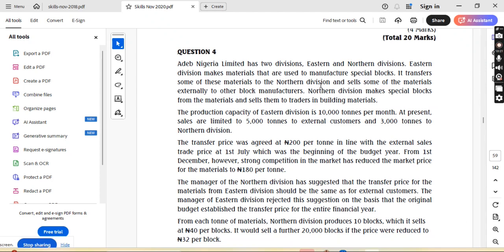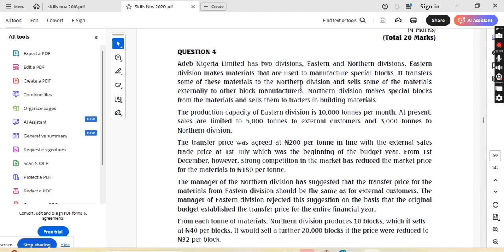Now, it transfers some of these materials to the Northern division, and sells some of the material externally to other block manufacturers. So which means that there is a material, and this material is used to manufacture blocks.